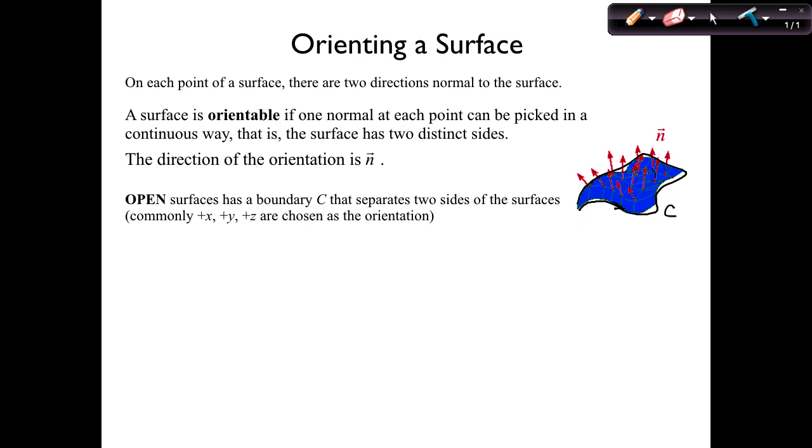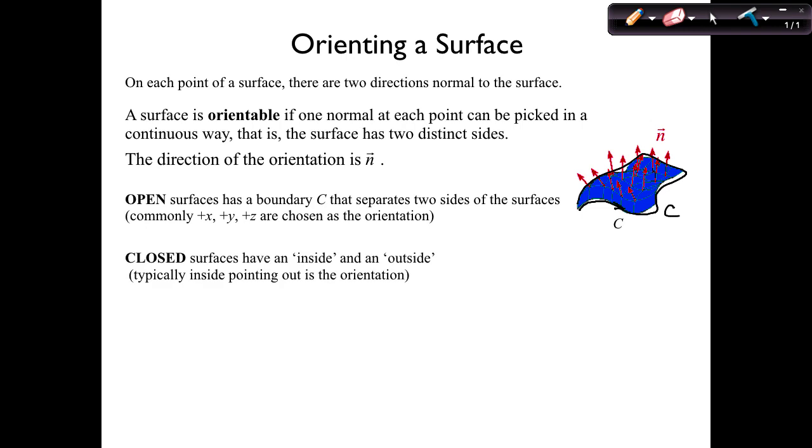I could call the boundary C. If it has a boundary, like a closed curve that separates the two sides, that's called an open surface. In this case, normally either plus or minus x, plus or minus y, or plus z would be chosen as orientation. In this case, we might choose plus z. I'm showing a positive orientation of plus z, upward.